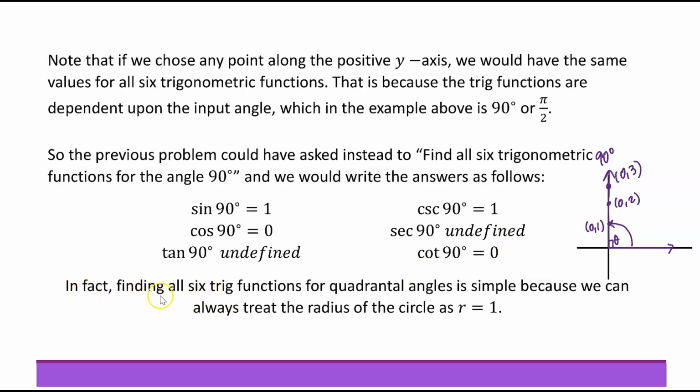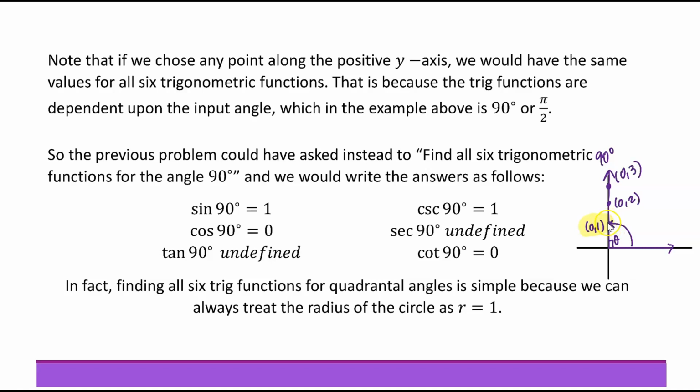So in fact, finding all 6 trig functions for quadrantal angles, any quadrantal angle, is actually a really simple problem, because we can always treat the radius of the circle as 1. So we can always focus on the nice coordinate point, quote unquote, right? The nice point along each axis.